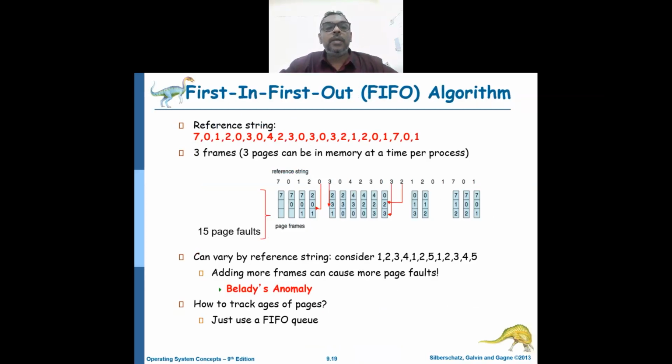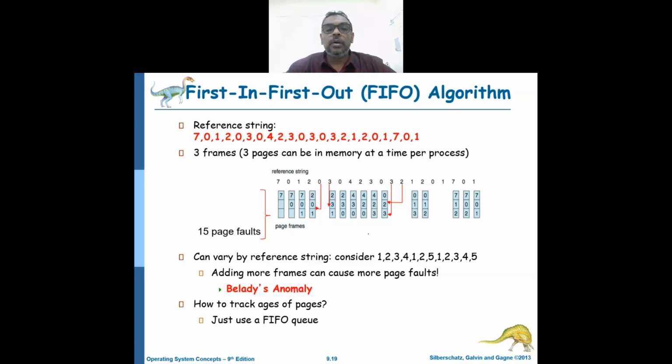Okay, let's look at this. We have an algorithm called first in, first out. These numbers here refer to the pages, page numbers 7, 0, 1. These are all pages, which can be referred to as processes.